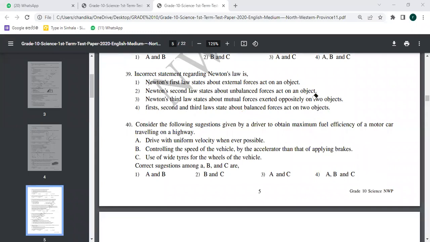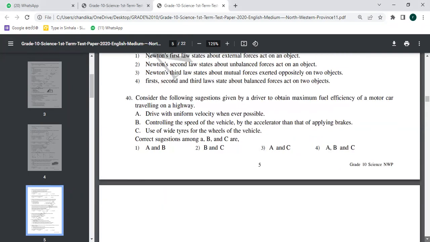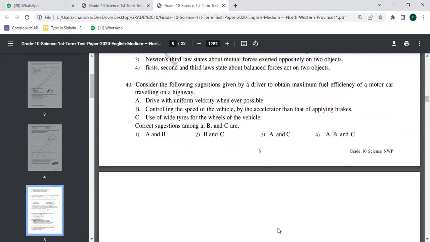And the last question. Consider the following suggestions given by a driver to obtain maximum fuel efficiency of a motor car traveling on a highway. Drive with uniform velocity whenever possible.